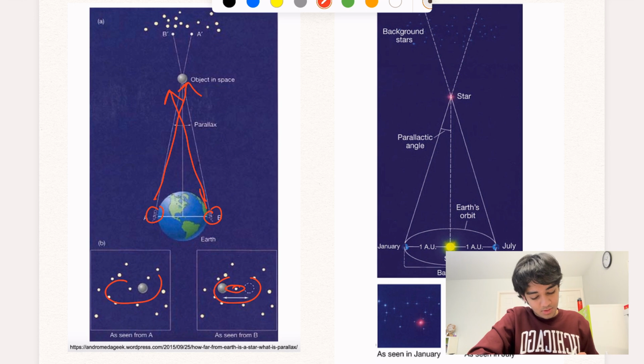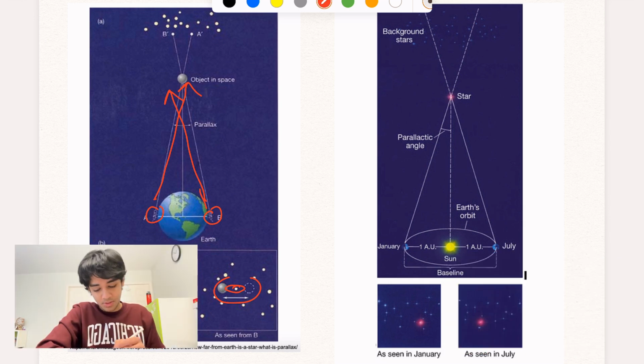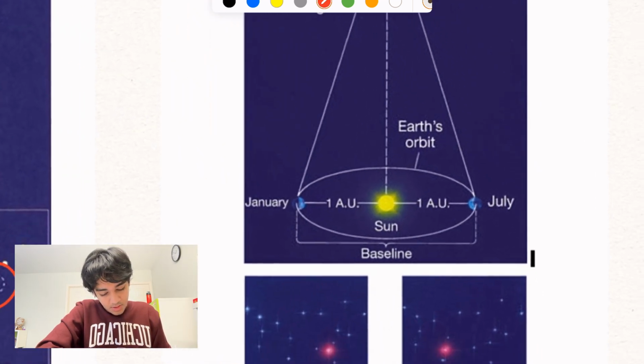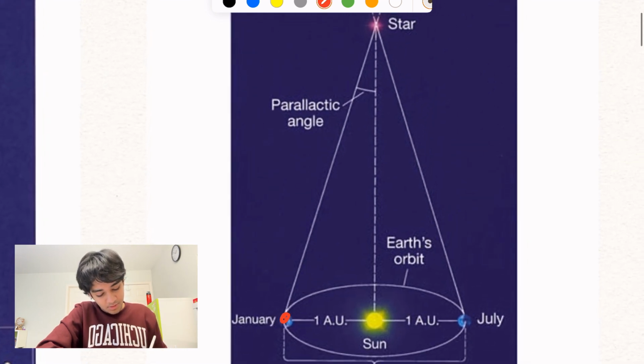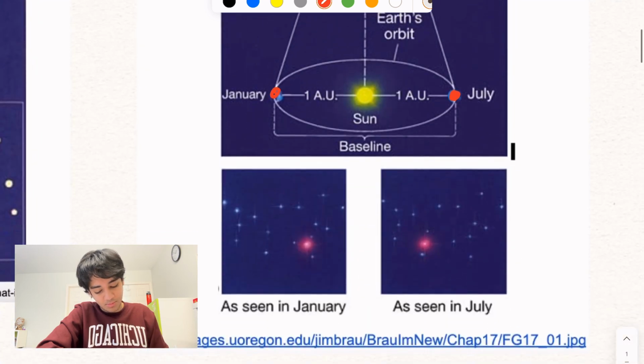Similarly, we can do that by going around the sun instead of just going around the earth. On one day of the year, we can start observing from here, and then 6 months later, we can take another observation from here, giving us similar pictures.